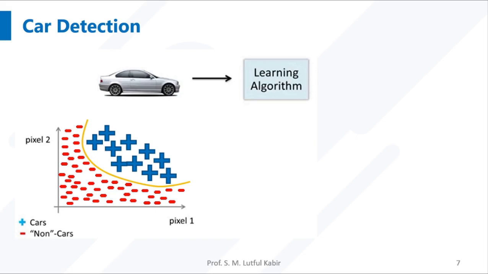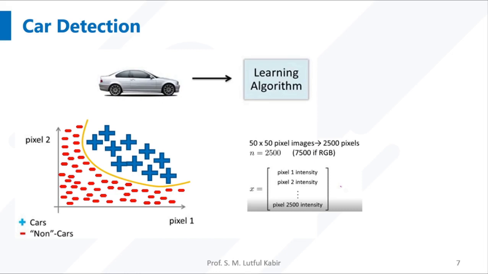Now suppose we use just a 50 by 50 pixel image, where our feature vector x lists all the pixel intensities: the brightness of pixel 1, the brightness of pixel 2, and so on down to the brightness of the last pixel.